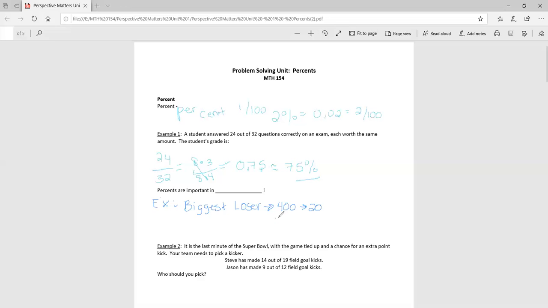If you then have a 200-pound man and he loses 15, he lost less weight, but who actually lost a bigger percentage of their body weight? And that's how they usually do the winners. So this 400-pound person lost a smaller percentage versus the 200-pound. So they're really important when we're going to look at comparisons.